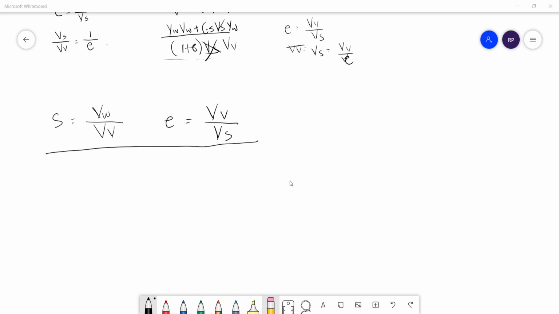Starting from our unit weight, that is the total weight of the soil mass all over the total volume. Under total weight, that is Ws, the total weight of your soil solids, plus the total weight of your water, and we consider your weight of air or gas equal to 0.